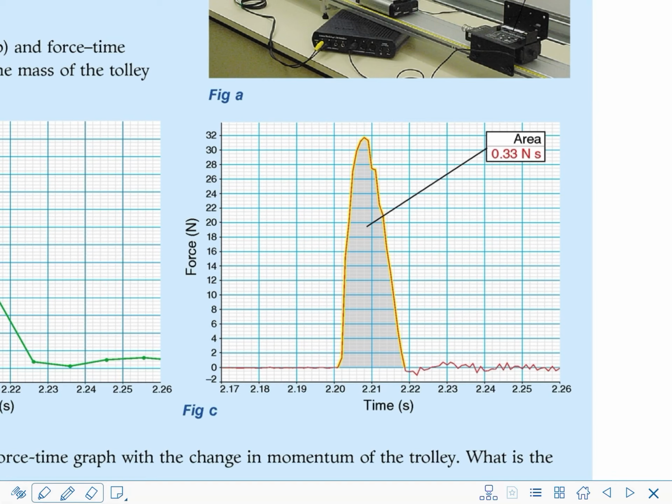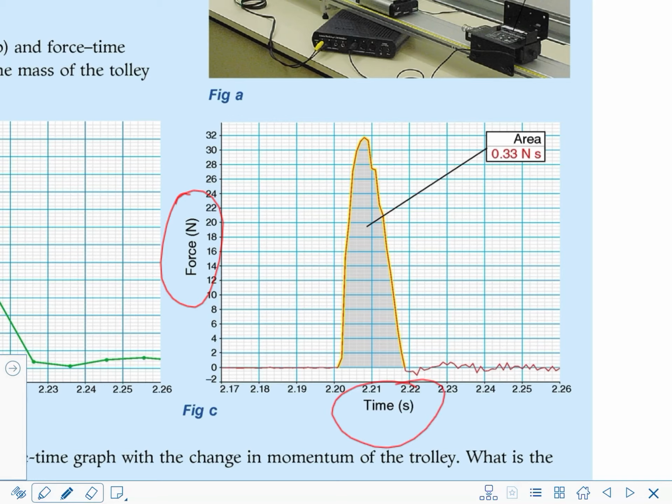So we have a very important graph, that is the FT graph. 7.2 actually focuses on the FT graph. To study the graph, we think in two ways. One way is to think about the slope, and the other is to think about the area.